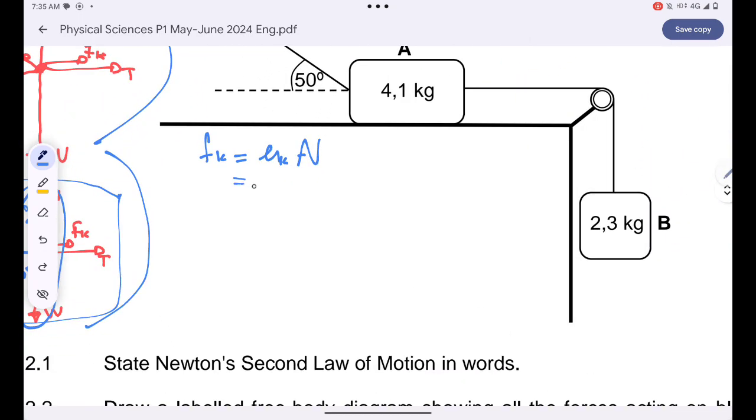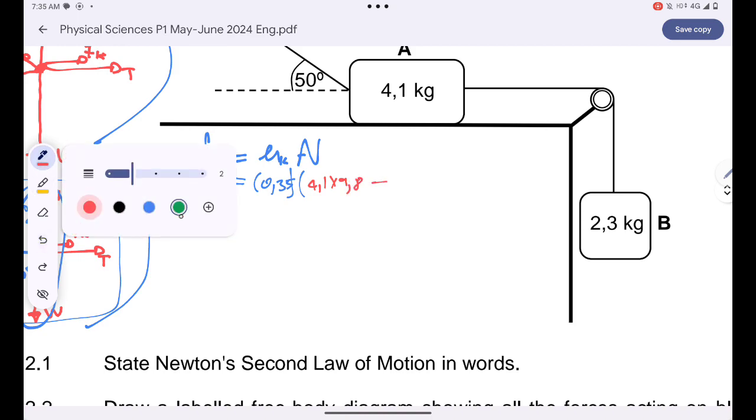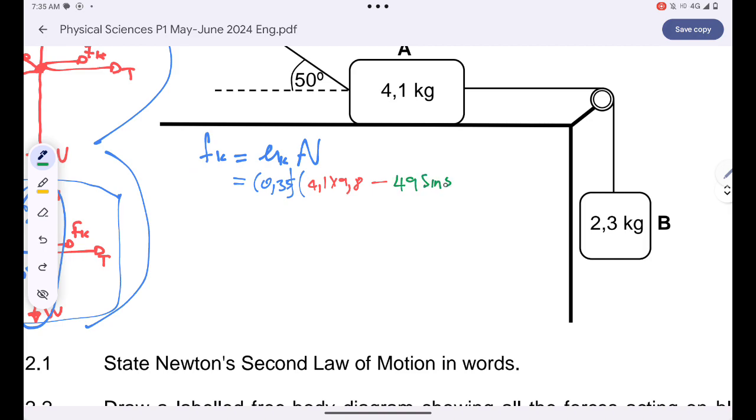I know that the coefficient is 0.35, and then the weight is basically 4.1 multiplied by 9.8 minus the vertical component. That's 49 newtons multiplied by the sine of 50 degrees.